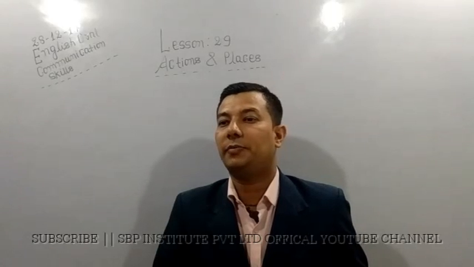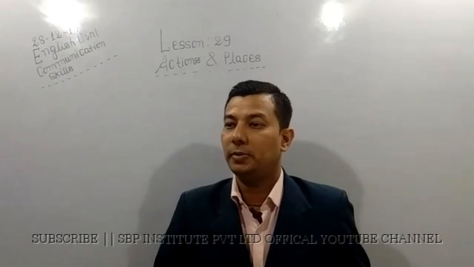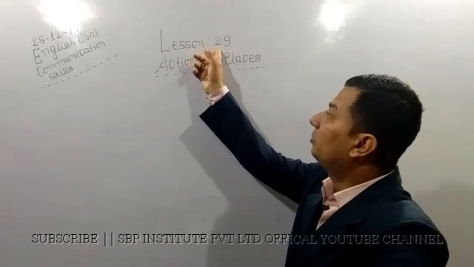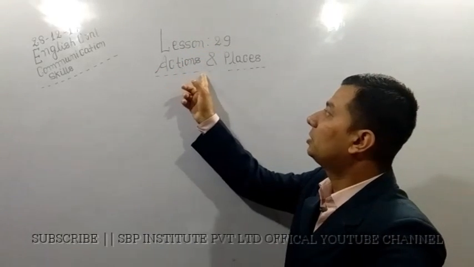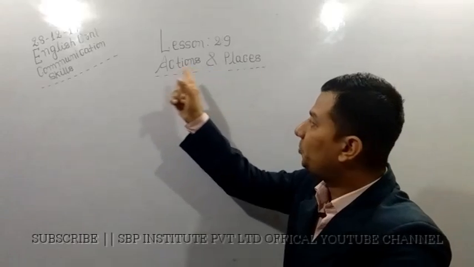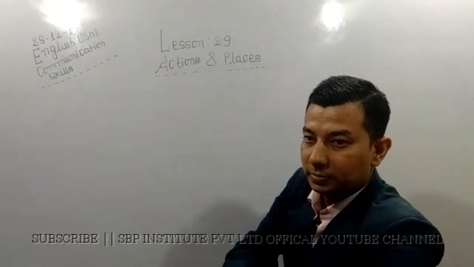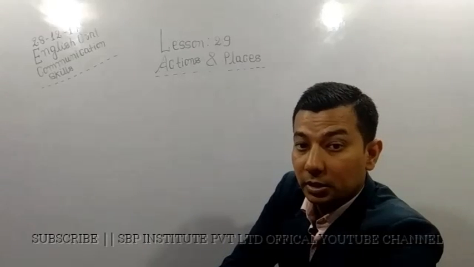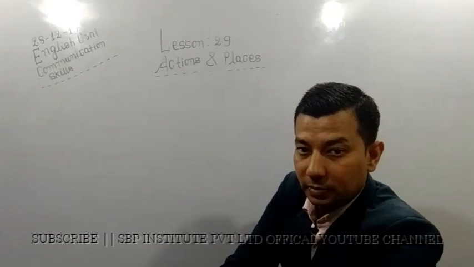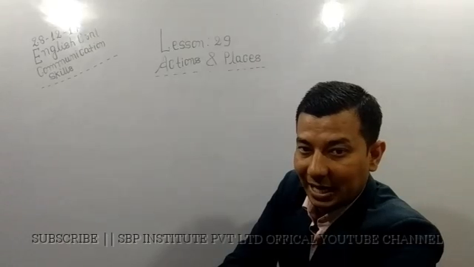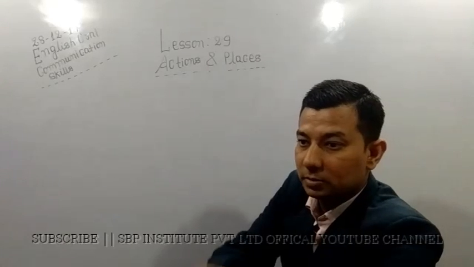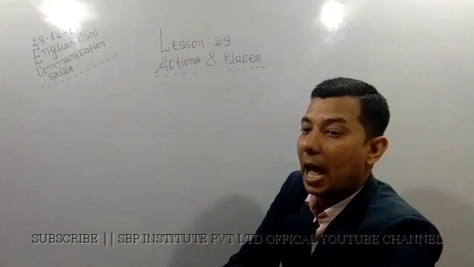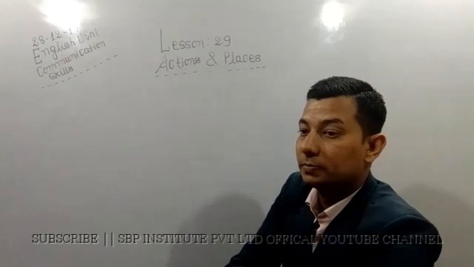So, which lesson are we going to discuss today? Lesson number 29, which is Actions and Places. Speak the word: actions. Good.